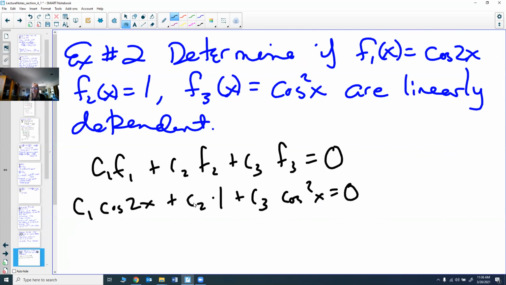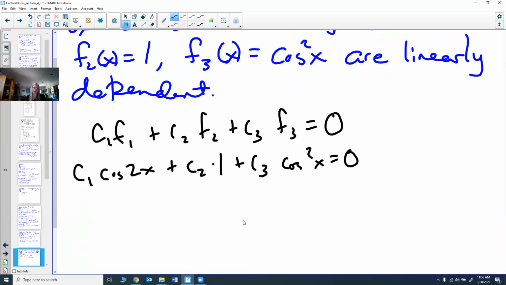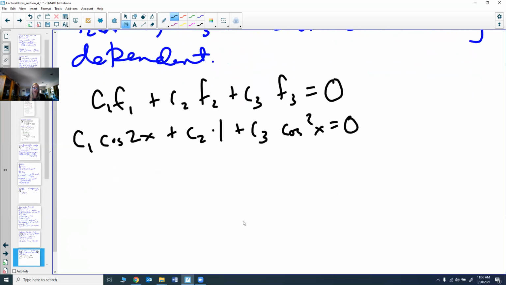If they're linearly independent, it means that the only way this can equal 0 is if each one of the c's is 0. So now my question is, is it possible that it's not 0? If there's some other way we can get 0 without them all being 0, then they're linearly dependent.